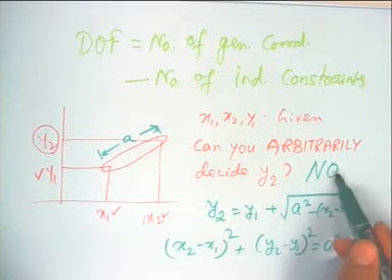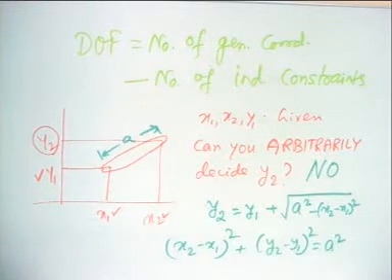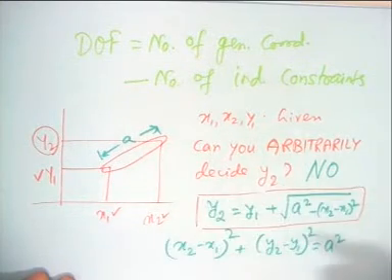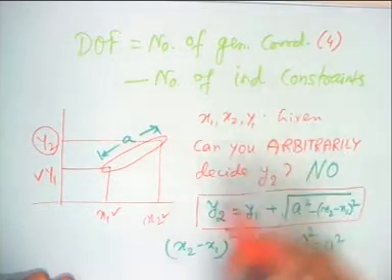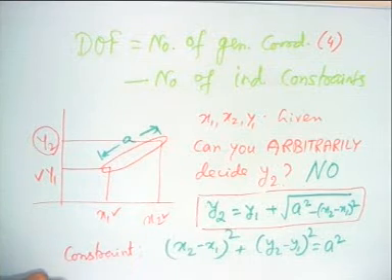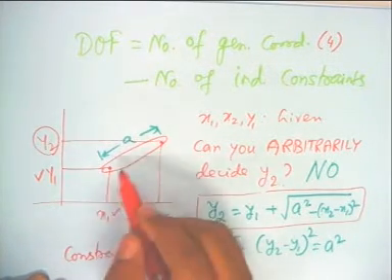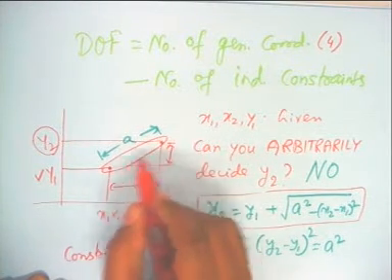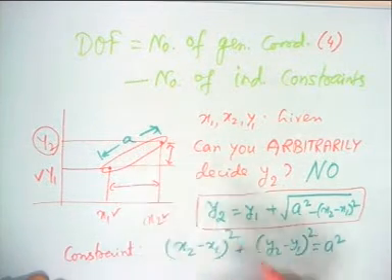So, you cannot specify it arbitrarily because y2 has to obey this formula. So, here we have 4 coordinates and a constraint. The constraint is that the positions of these 2 points should be such that this distance squared plus this distance squared should be the length squared. This we know, Pythagoras theorem.